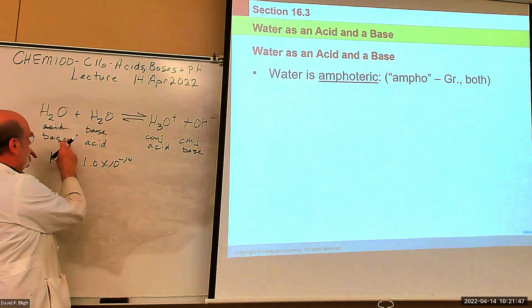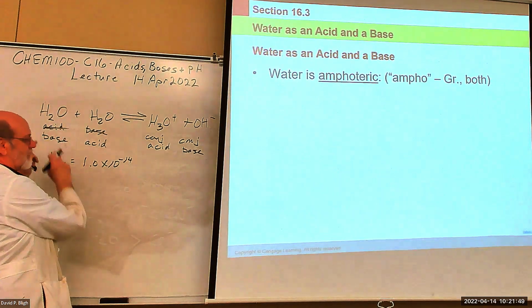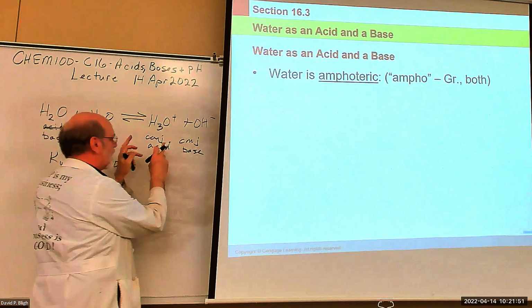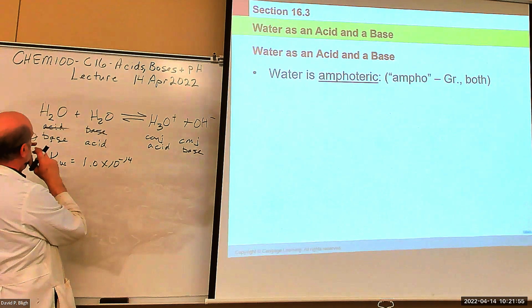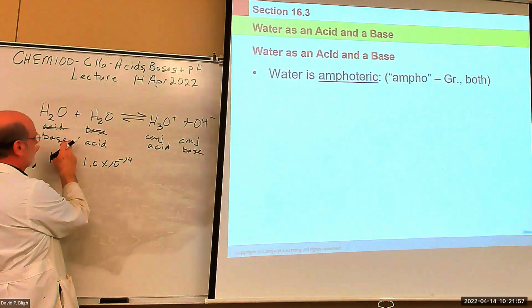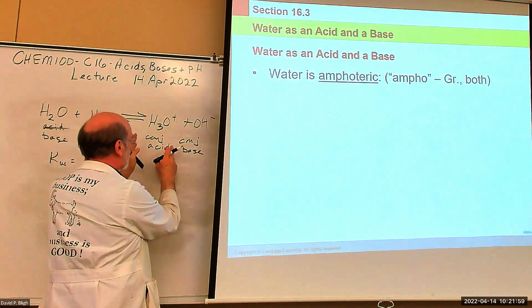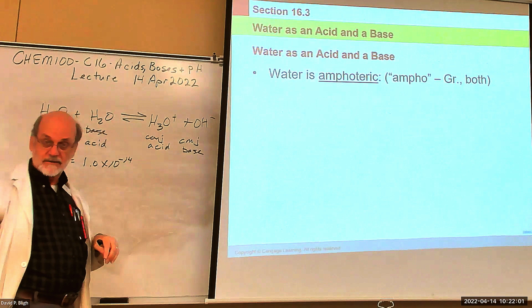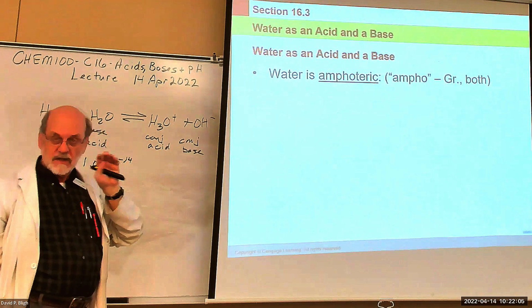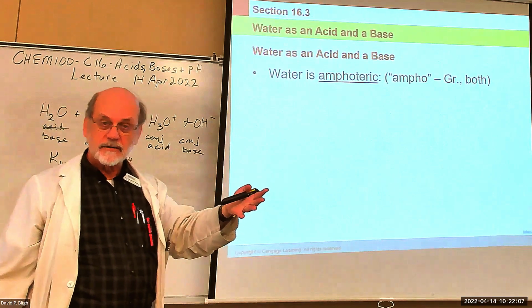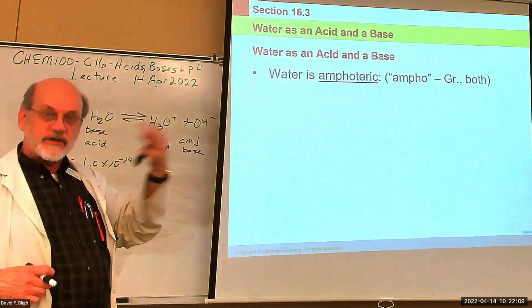Or this is a very weak base. That makes this a strong conjugate acid, right? So you get weak, weak, strong, strong, as long as it's just water and water doing its amphoteric thing.